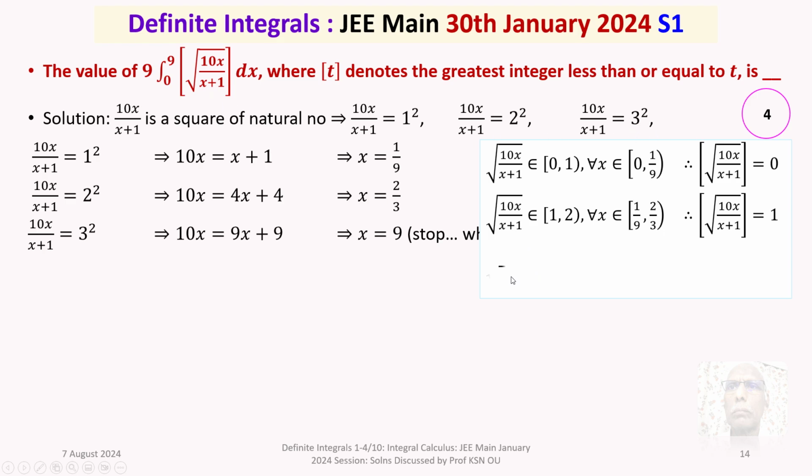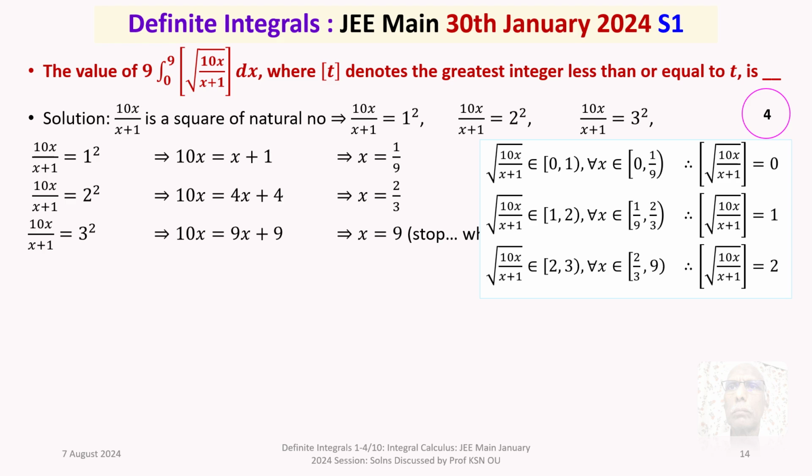So the square root of 10x by (x plus 1) is in the closed interval 2 to 3 for all x belongs to 2 by 3 to 9. And therefore the bracket of the square root of 10x by (x plus 1) is 2, the greatest integer.